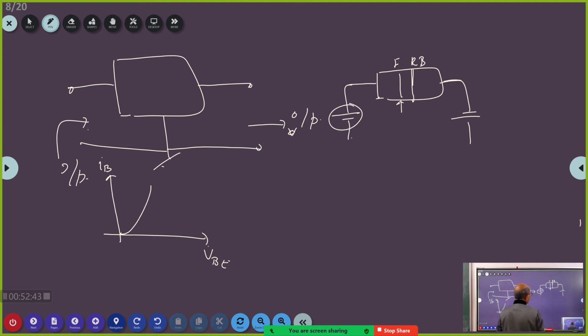Why did we connect this? This is to forward bias the junction. Forward bias means I want to place the operating point here. That is why I have given this voltage source and also the resistor. Then only I will fix the operating point.